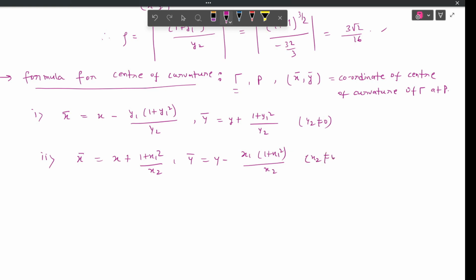Here x2 can never be 0. So remember here x1 is dx by dy and x2 is d2x by dy square. You can use any one of the formulas.